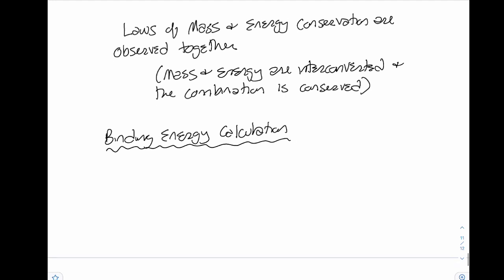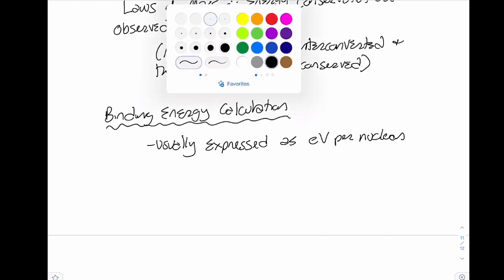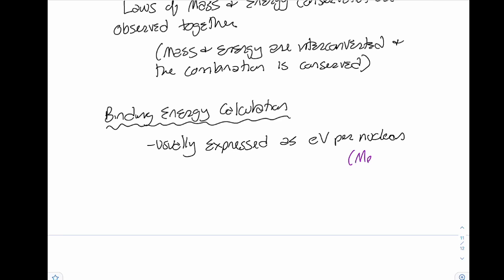Generally, binding energy is going to be expressed as electron volts per nucleon. And actually for us, it's going to be mega electron volts per nucleon. Remember, mega is 10 to the 6 of anything.